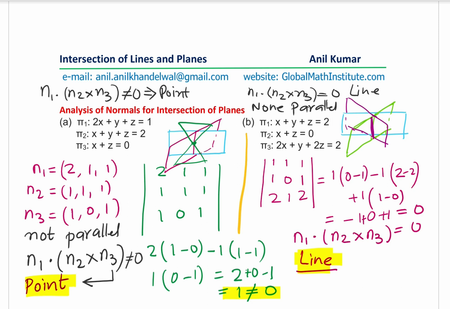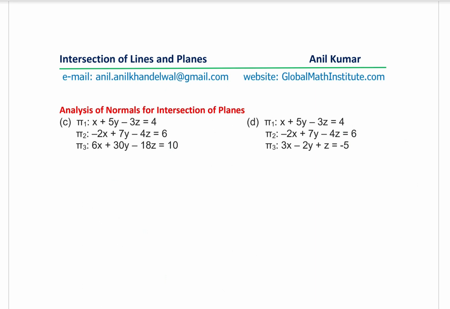Perfect. Now, let's move on and take the last two examples. So here we have the planes. We can go directly also with the dot product, but let's analyze this. Either way, let's go for the dot product.